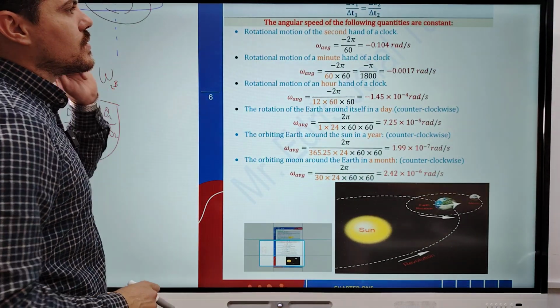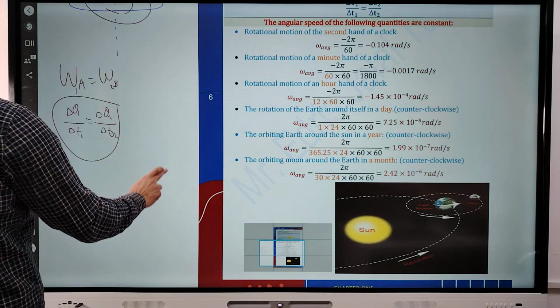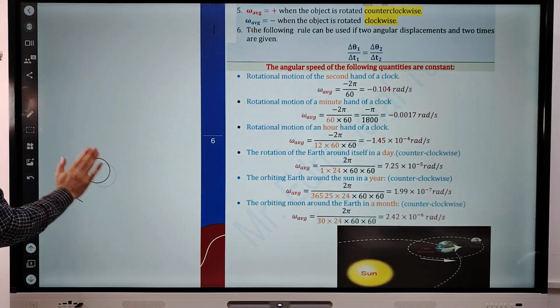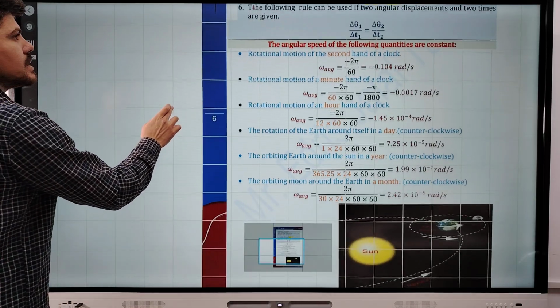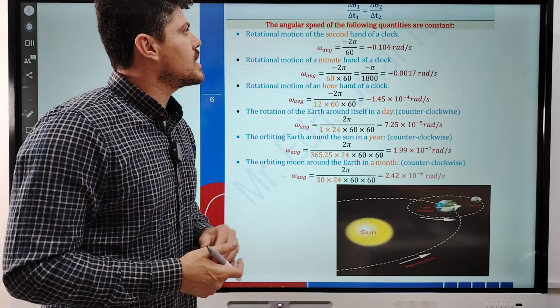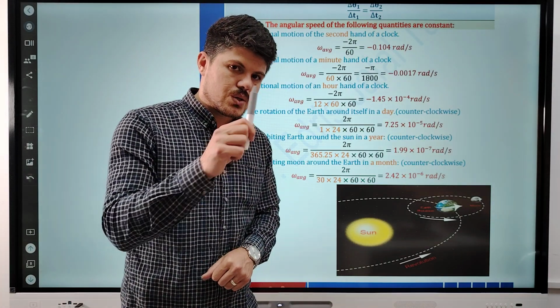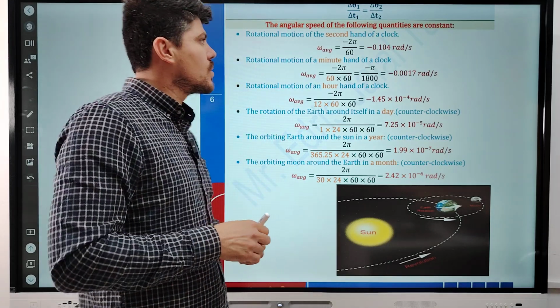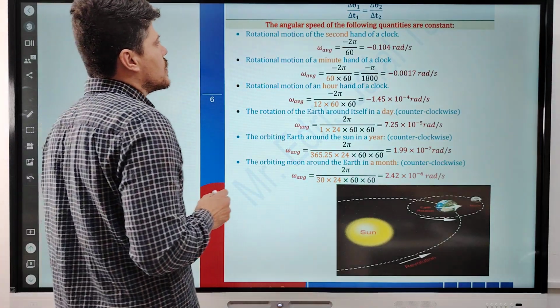So the following angular speeds are constant. We have some constant angular speed in our daily life, for example, the rotational motion of the second hand of a clock. You know that the second hand of the clock rotates in the clockwise direction.